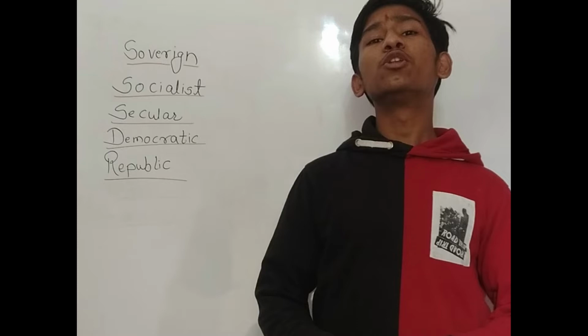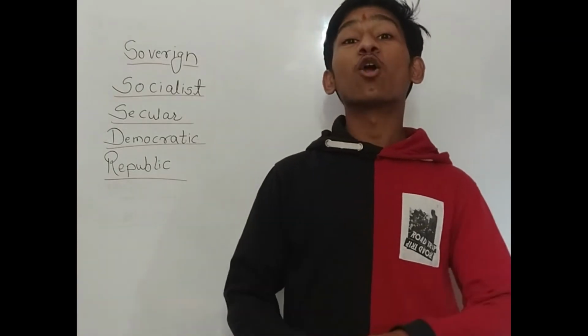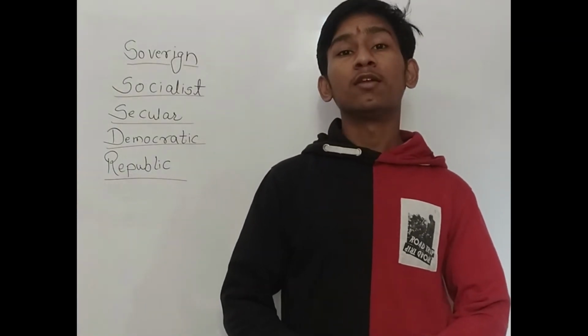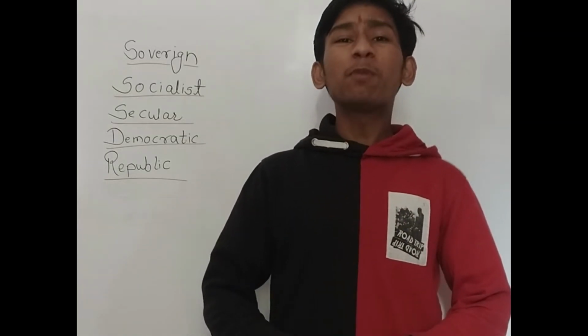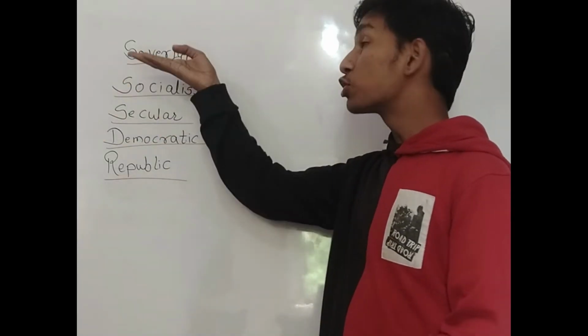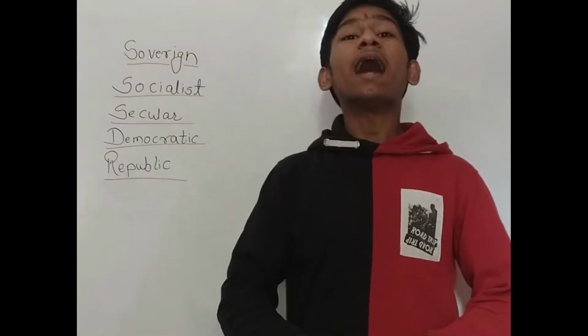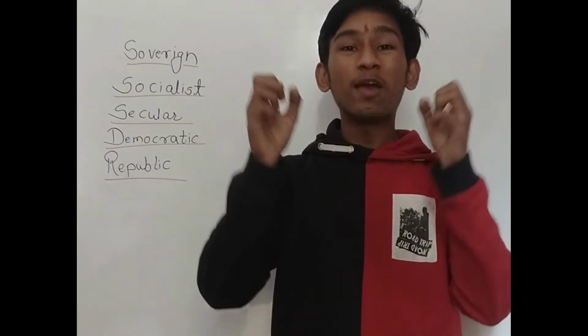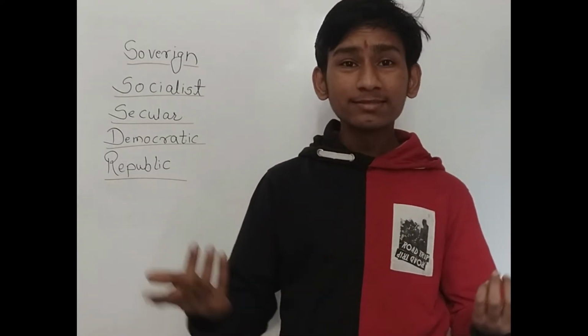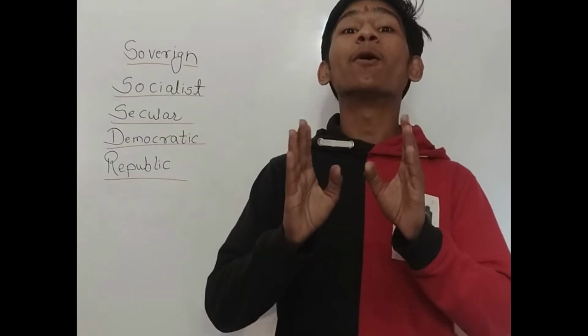So let's know about the nature of the Indian Constitution and India, which is told in the preamble. The preamble of the Constitution says that India is a sovereign country. It means the highest authority to take decisions about India is vested in India, where? Nothing but our Parliament.